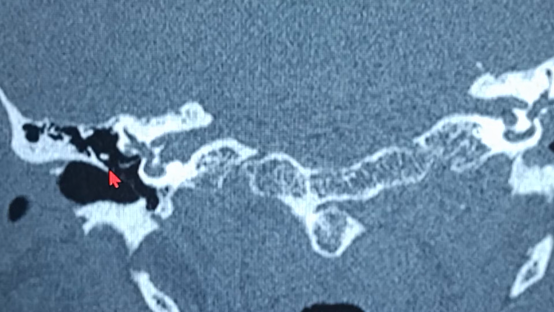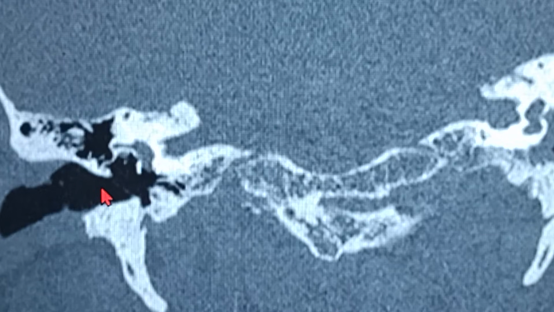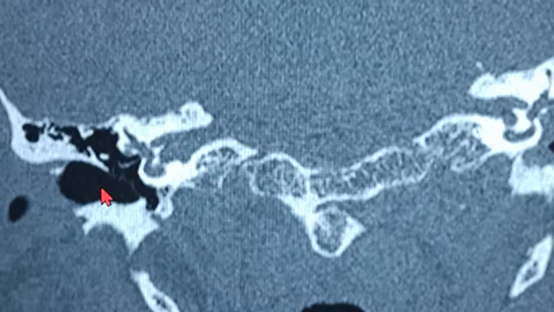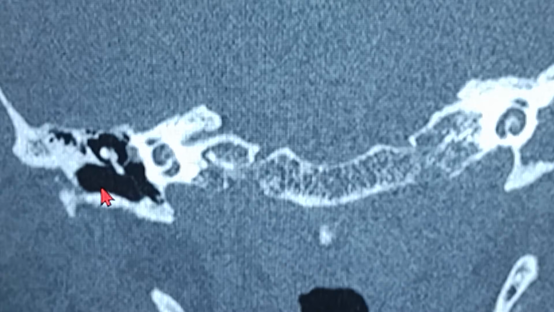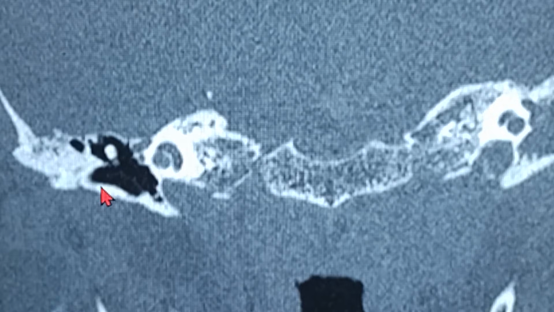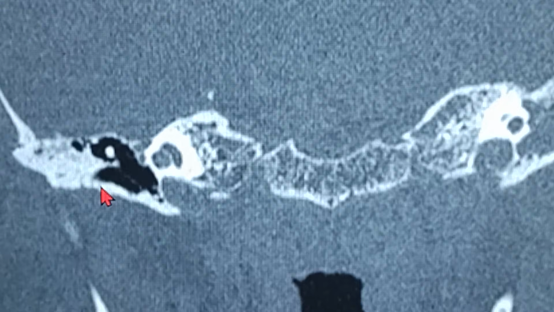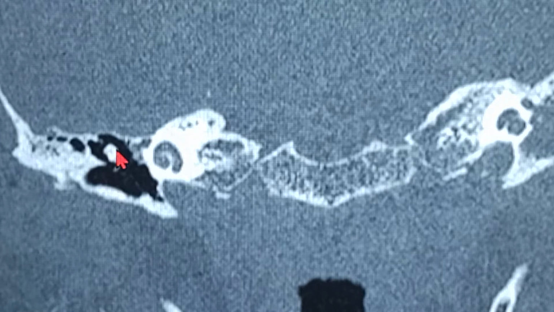I need to show you the malleus right there. Okay, so this is a very initial scan. Now you can see the malleus over here. That's the scutum, okay? The space between the malleus, that's the ossicle over here, and the scutum above in the epitympanum is called the Prussak space.